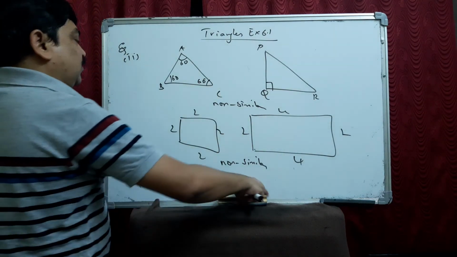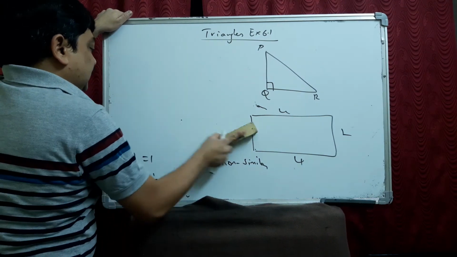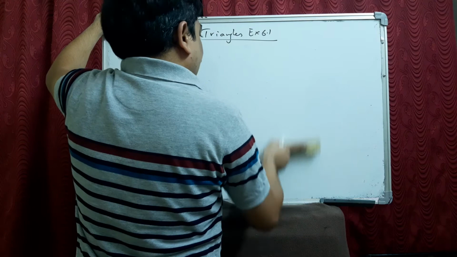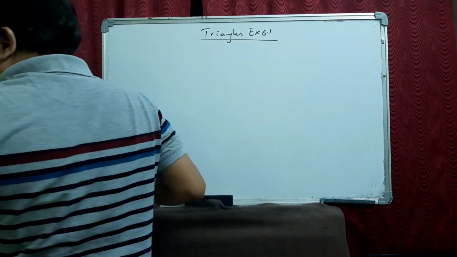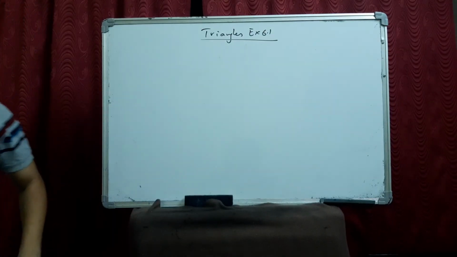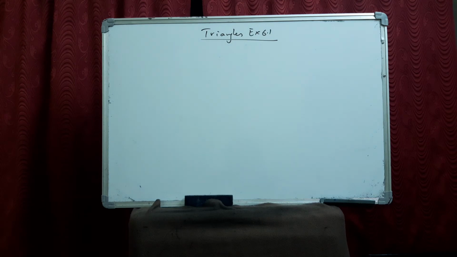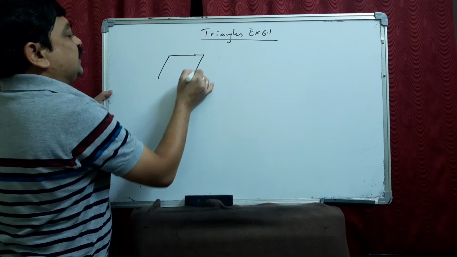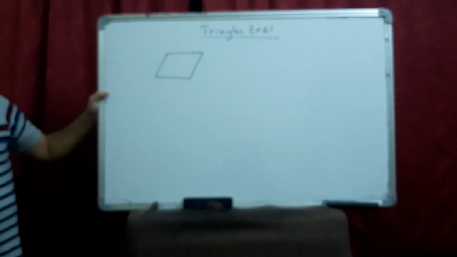Okay. Last question. They have given some figures and you are asked to check whether these figures form a similar pair or not. Let us see. I draw that. They have given something which is not a square. Don't call it a parallelogram, but it is not a square.